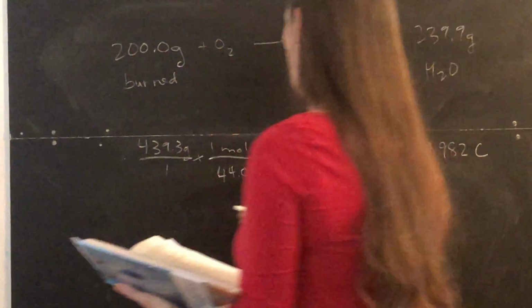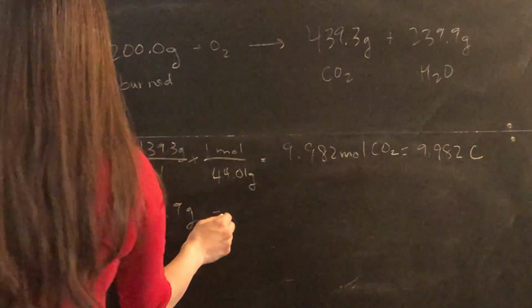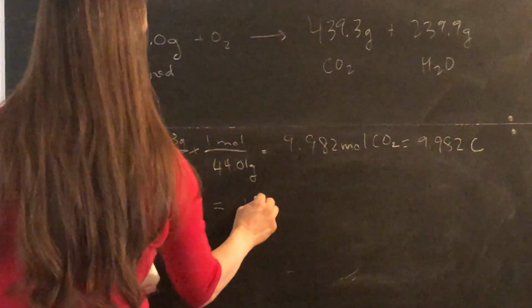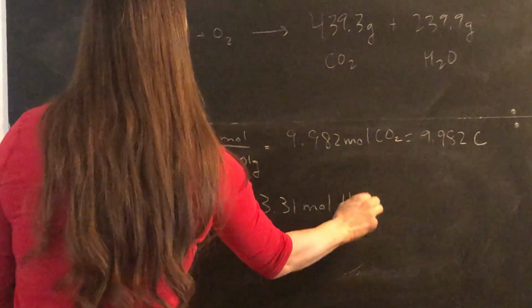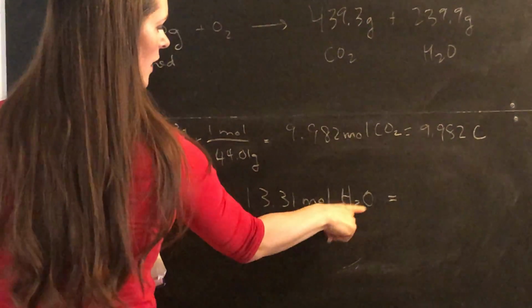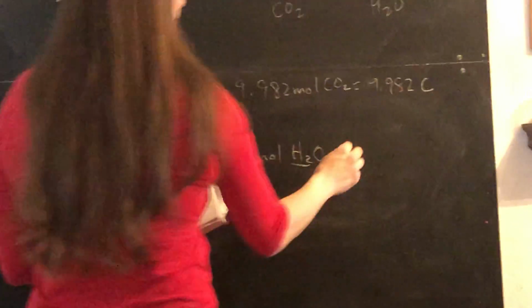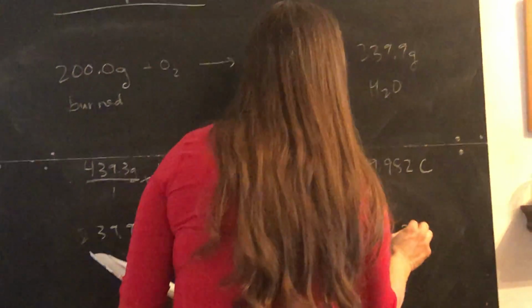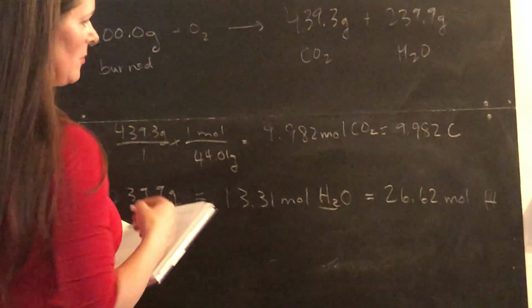Now we do the same with the water. 239.9 grams of water is equal to 13.31 moles of water. And since there's two hydrogens here, we're going to multiply this by 2 to get 26.62 moles of hydrogen in our original sample.